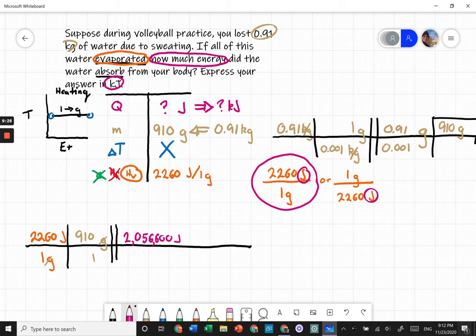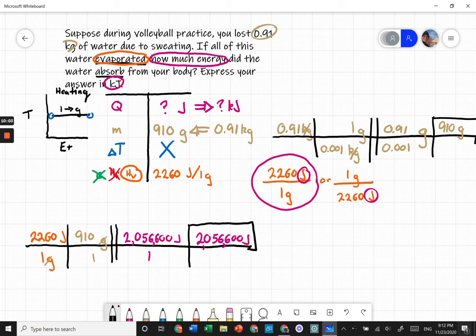Then I multiply on the bottom, 1 times 1, no units, that gives me 1. So I can simplify my units, divide the top, 2,056,600, by the bottom, that 1, and that's going to give me 2,056,600 joules for my answer. That's how much energy is absorbed from your body. Oh, but there's one more thing I need to do with this problem, which is to convert it to kilojoules. Actually, maybe even before I move further, I should make sure that this answer makes sense.